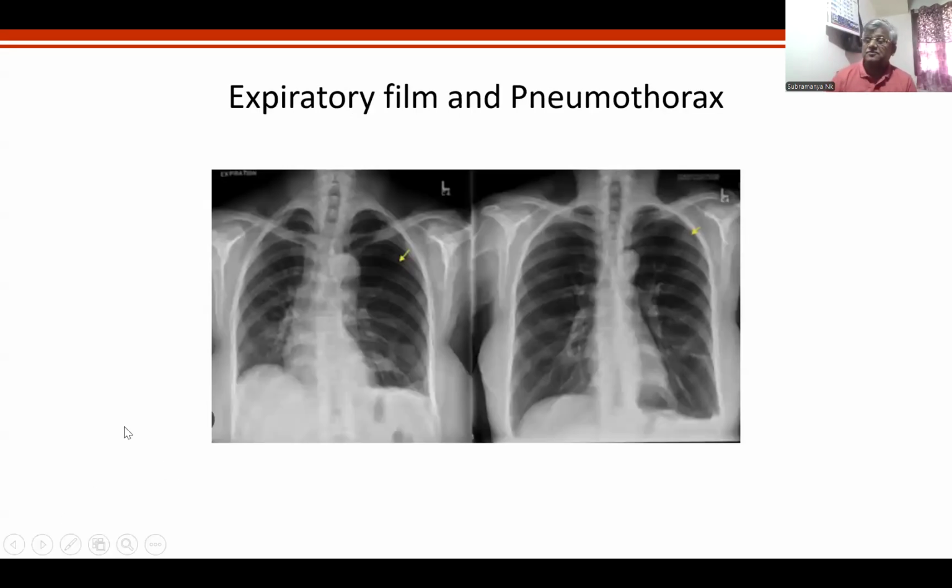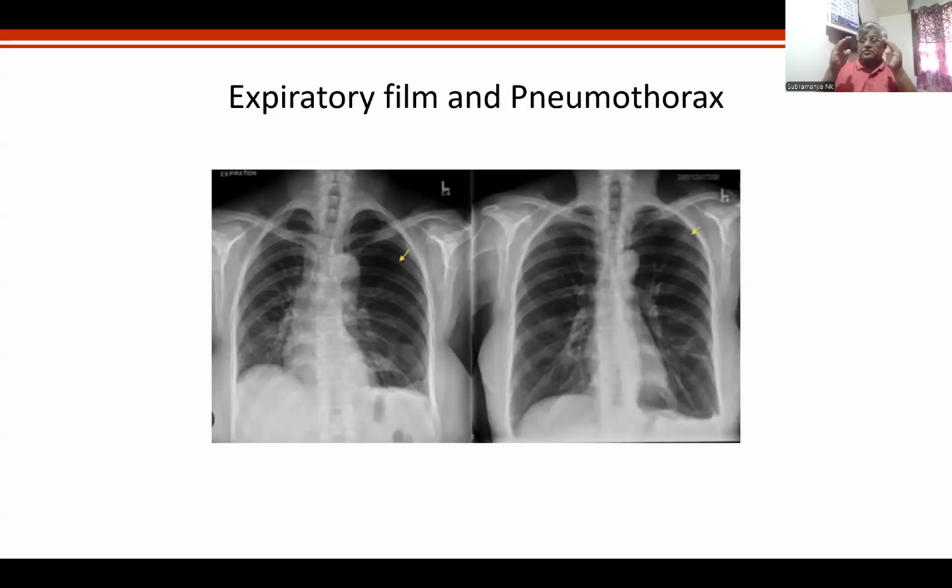And in pneumothorax, what happens in a pneumothorax? When you expand, the pleural line goes to the thorax. When you breathe out, the pleural line falls away from the chest wall. Now, these are the lung margins in a pneumothorax. In an inspiration, they go up, but in an expiration, let's say my right hand is pneumothorax.